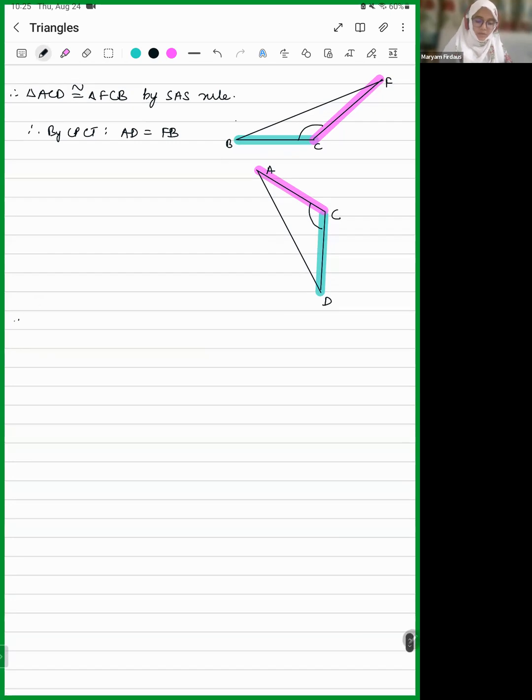Fine. So let's just write down the question. Over here, I'm just drawing the figure. This is D, this is B, this is C, this is A, and they are saying AD is a median of triangle ABC.